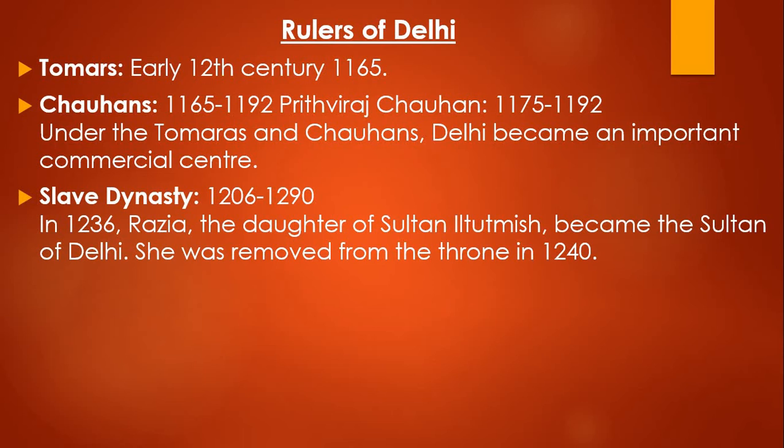With the slave dynasty, the beginning of Delhi Sultanate origins. In 1236, Razia, the daughter of Sultan Iltutmish, became the Sultan of Delhi. She was removed from the throne in 1240.